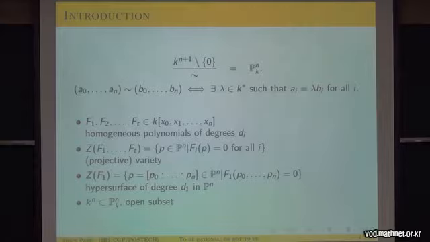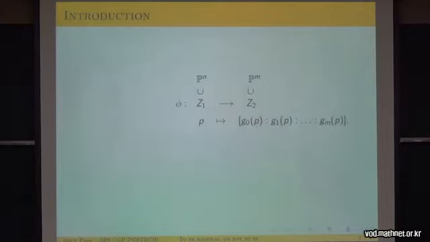And a small remark here is that affine n-space is a subset of the projective n-space as an open subset. You can simply check. All right, let me go on.